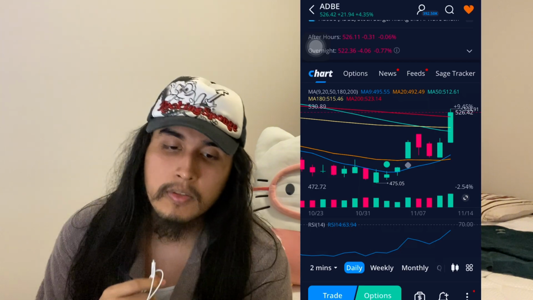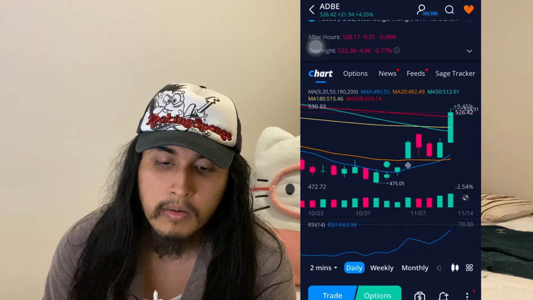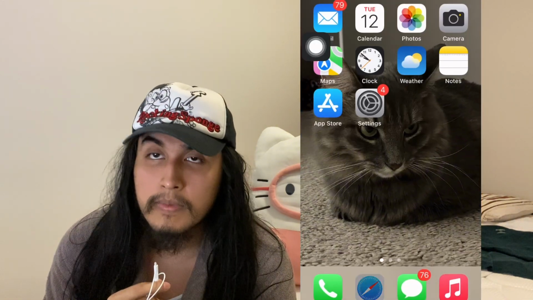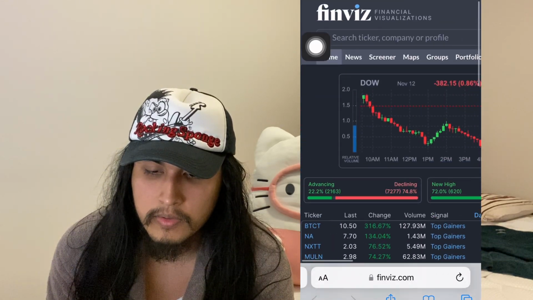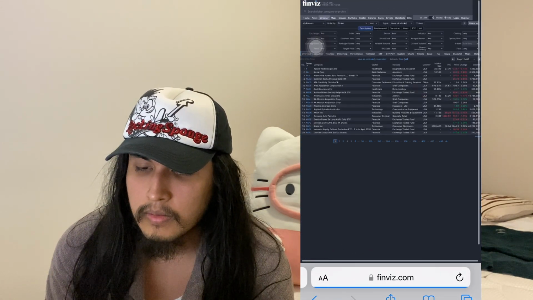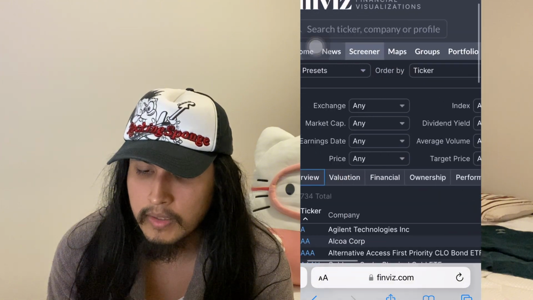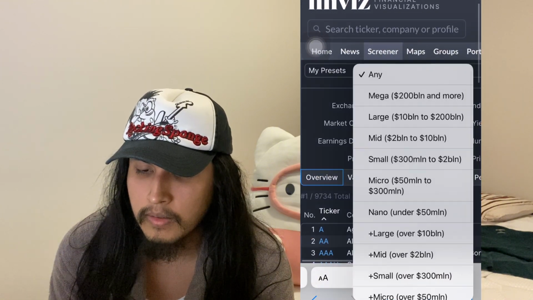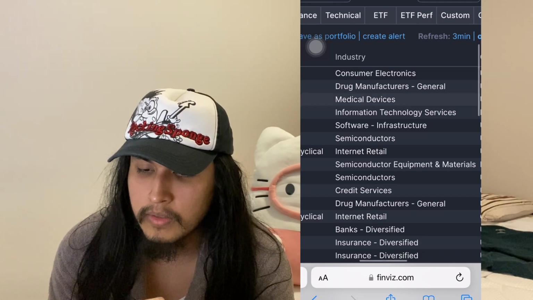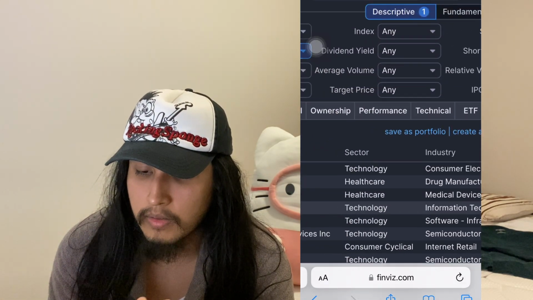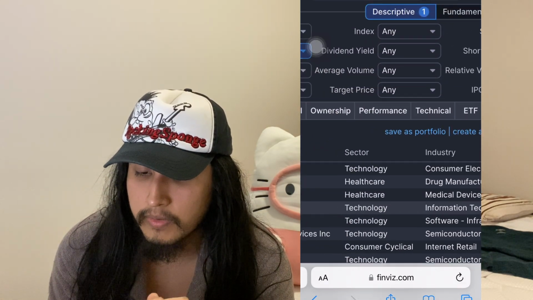So the strategy is, number one, go on finviz.com, click where it says screener, click where it says market cap, click mega, or whatever you want to trade. This is my personal strategy that I'm showing you guys for complete transparency.